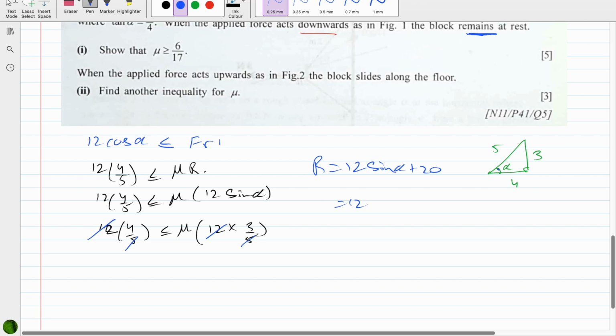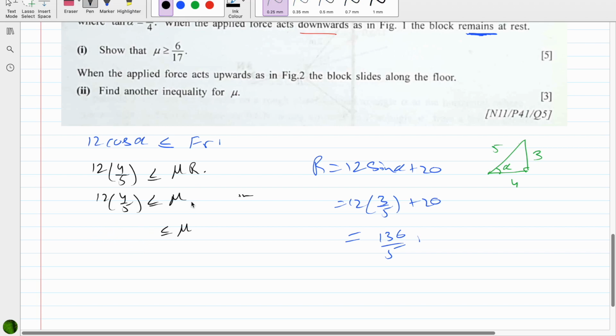12 sine alpha is 3 by 5 plus 20. Simplifying this, we get 12 into 3 divided by 5 plus 20, which is 136 by 5. So 12 into 4 by 5 on the left hand side is 48 by 5, less than or equal to mu times 136 by 5.